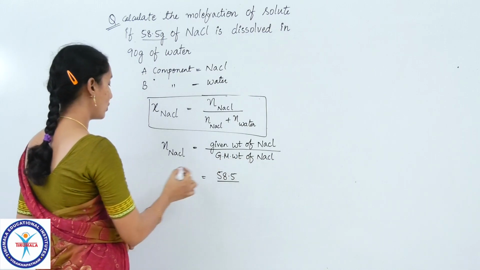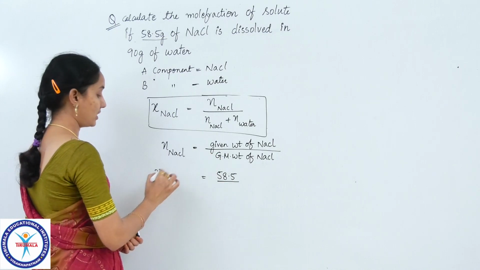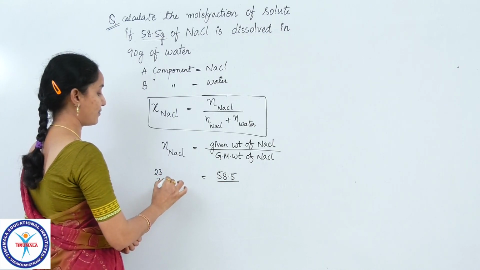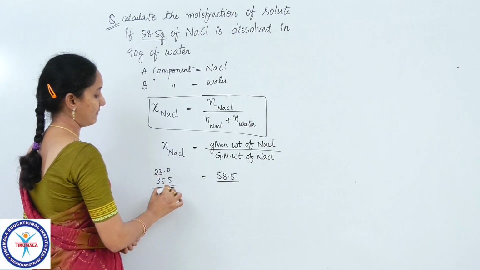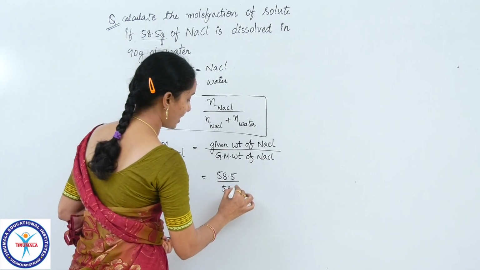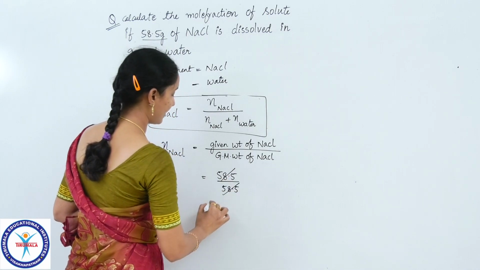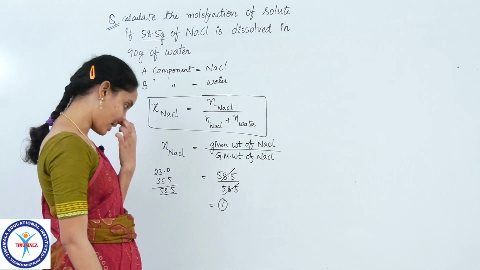Sodium's atomic mass is 23, chlorine's atomic mass is 35.5. So total it is 58.5 again. So 58.5 divided by 58.5 is 1. So number of moles of NaCl is 1.